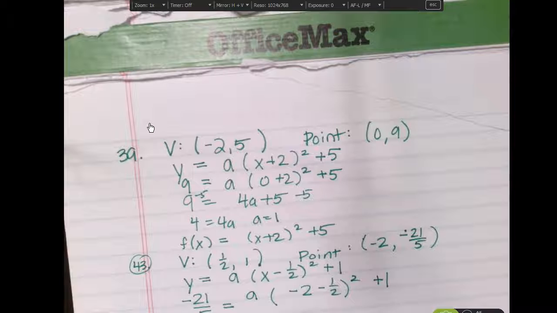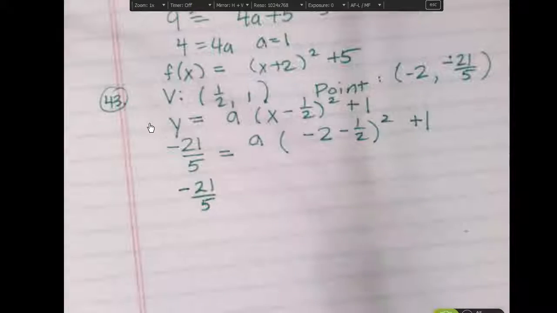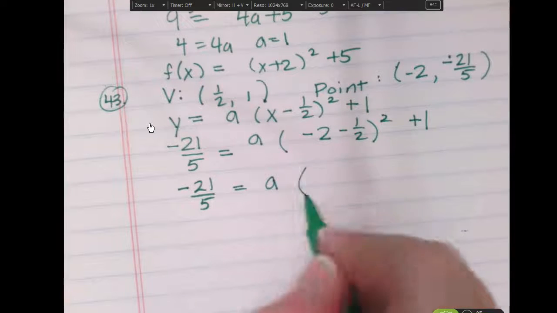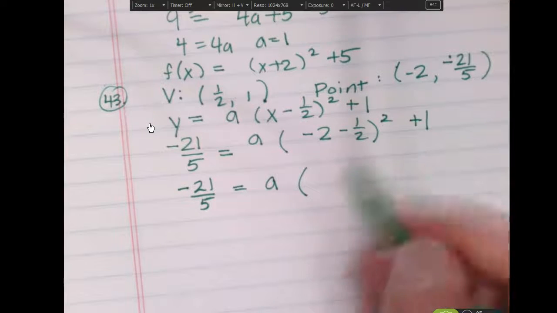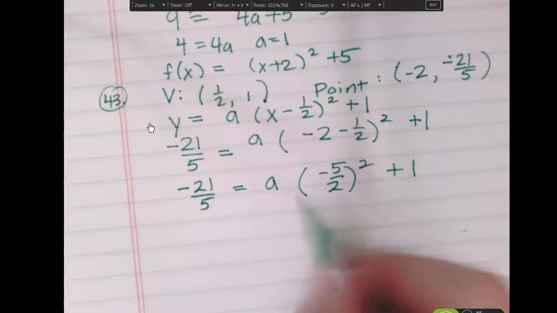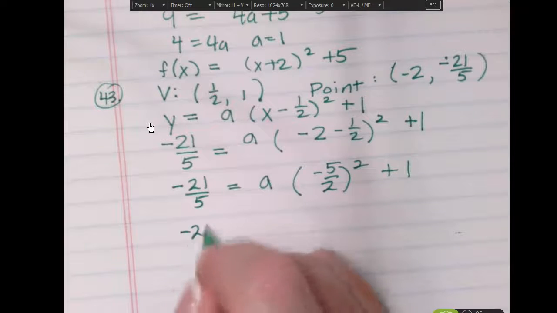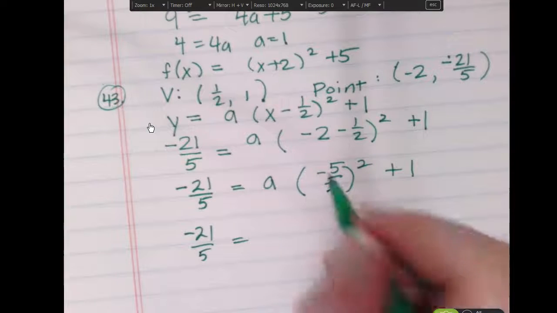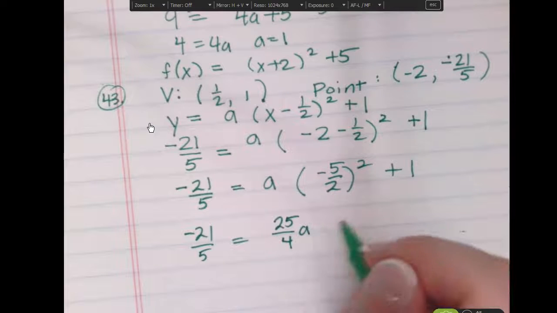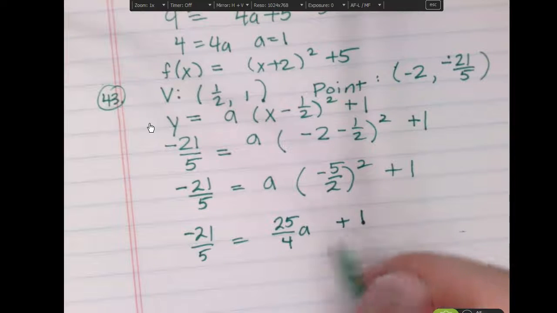So, working out the math, we go. Negative 21/5 equals a times, negative 2 minus a half is negative 5/2. And let me find out what that would be as a coefficient. Square the top, square the bottom, subtract 1.